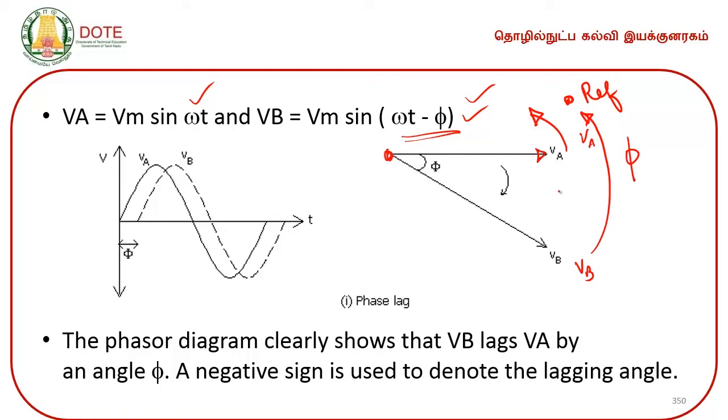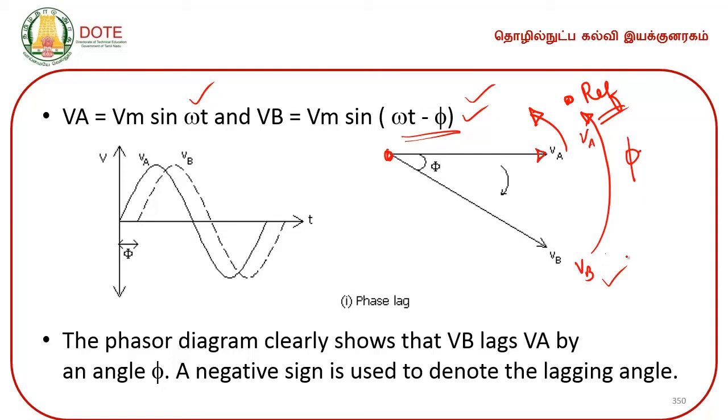So, whenever you rotate the phasor in the anticlockwise direction, VA reaches the reference point first and then after 5 electrical degrees VB will reach. So, I can say VA is leading the voltage VB by an angle phi, or the phasor VB is lagging behind the voltage VA by angle phi.